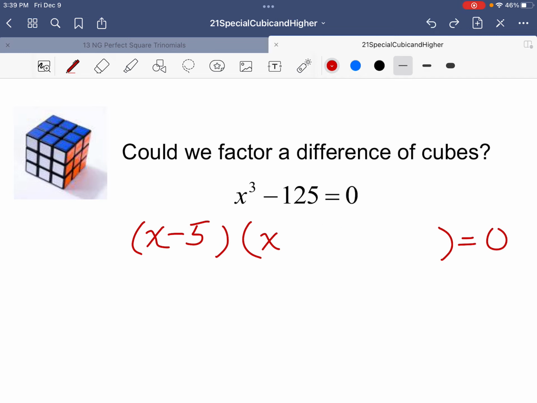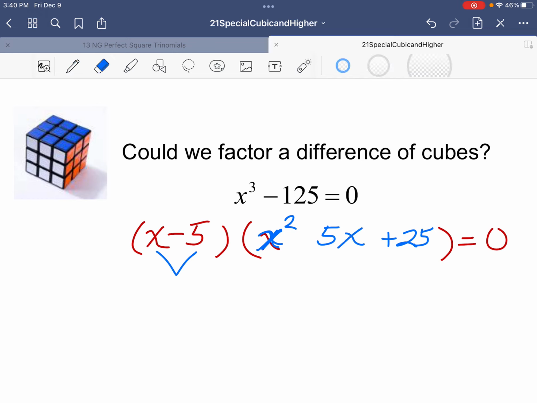Instead, it's actually going to be this x that I wrote down, squared, and this minus 5 that I wrote down, squared, with a term in the middle. And the term in the middle is just these two that I wrote down multiplied together.